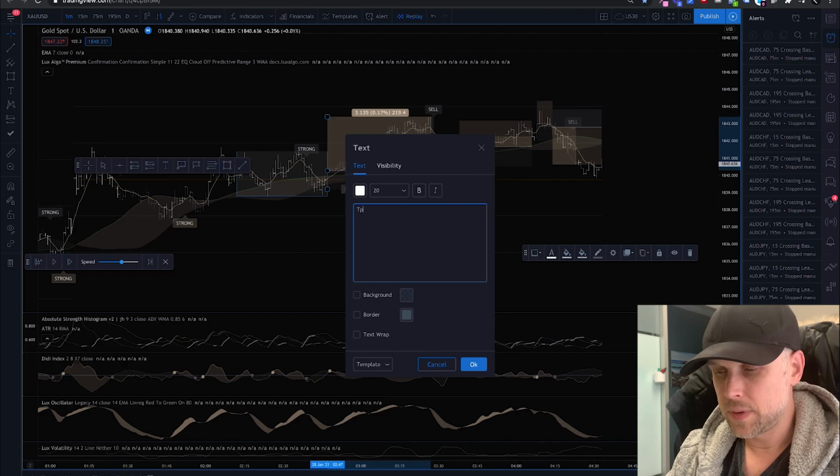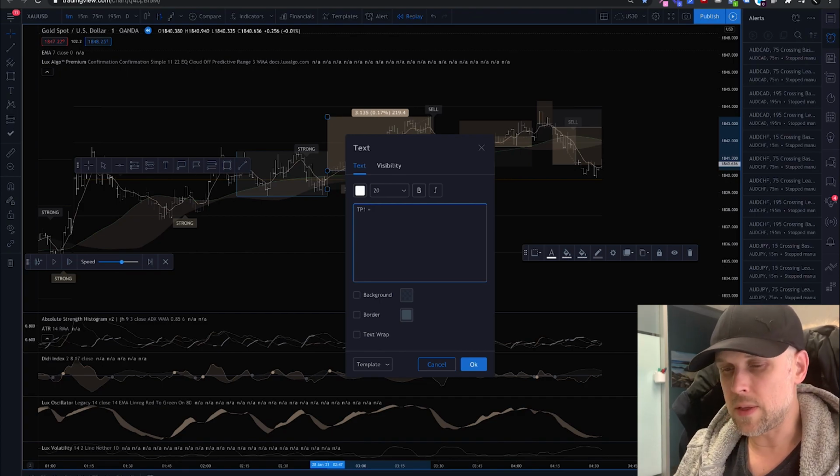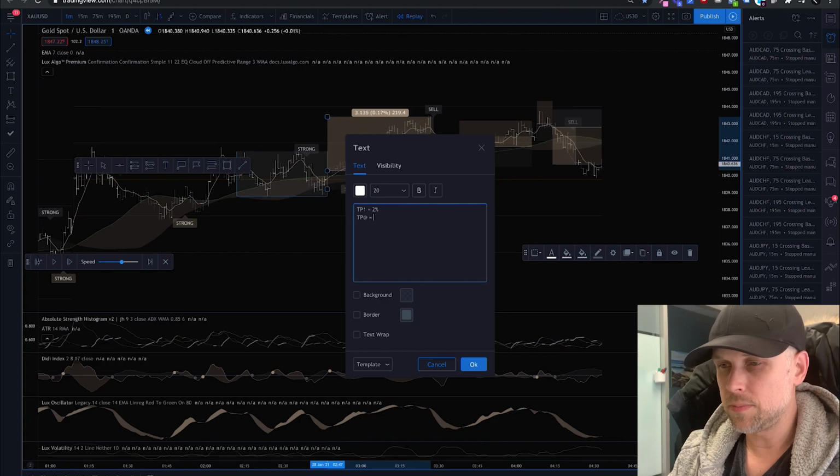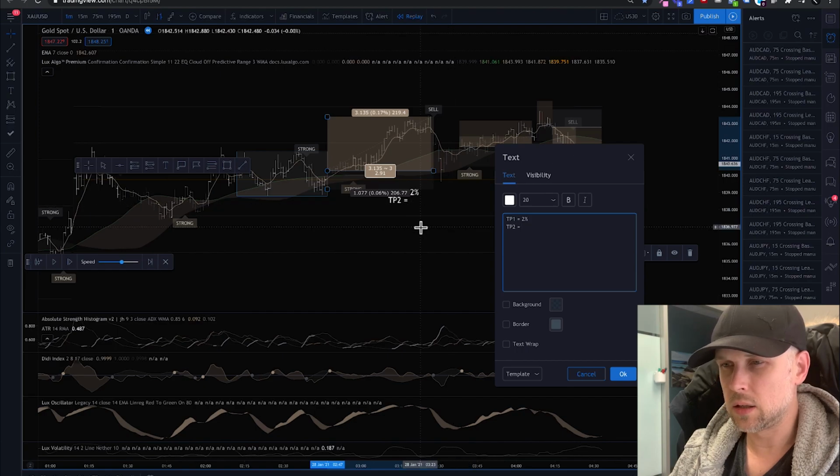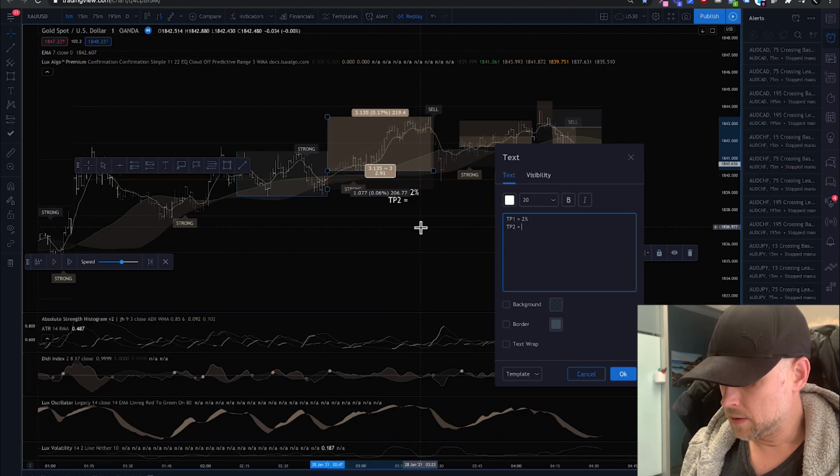the TP1. So TP1 equals, because we're going 1.33, that is 2% on the first trade. TP2 equals, whoopsies, because it's 1.91.